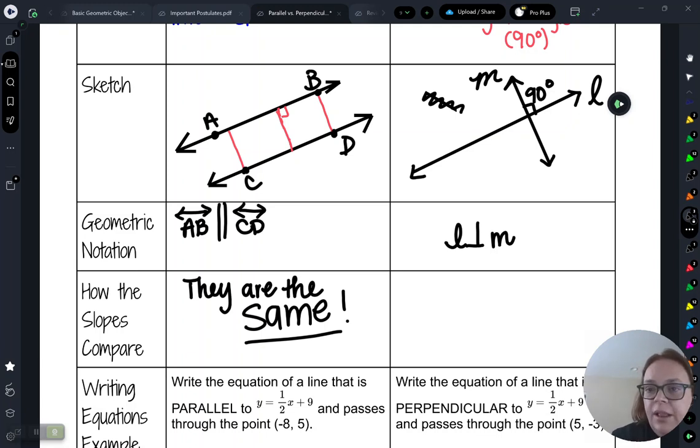For perpendicular lines, it's a little bit more tricky. The slopes are obviously not going to be the same. They're going to be different. They're going to be negative reciprocals or opposite reciprocals.